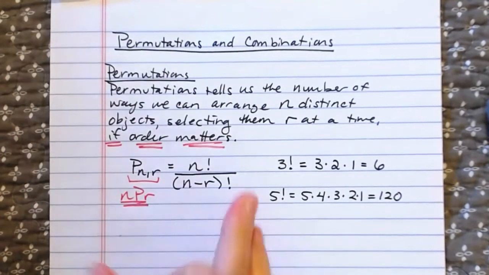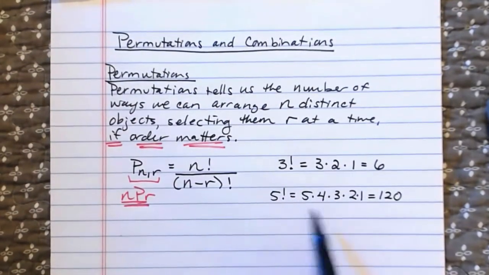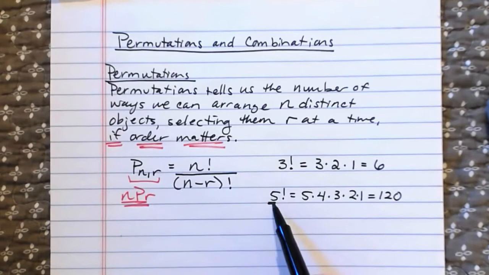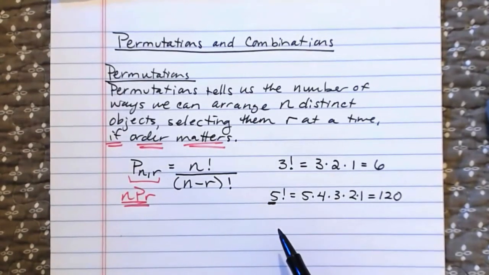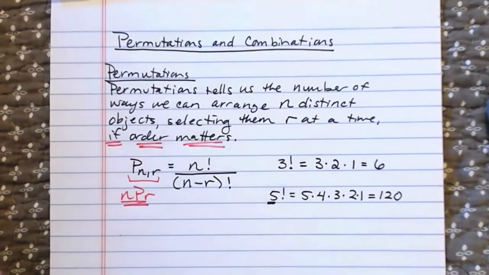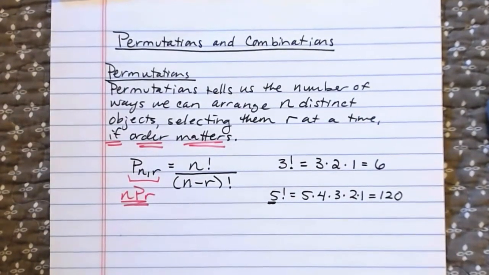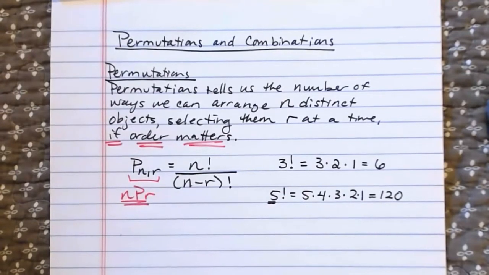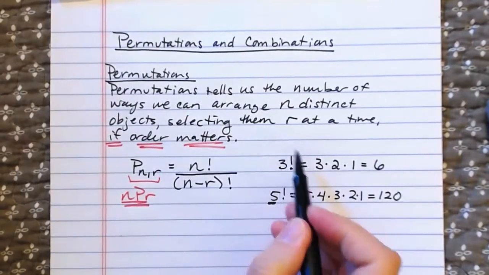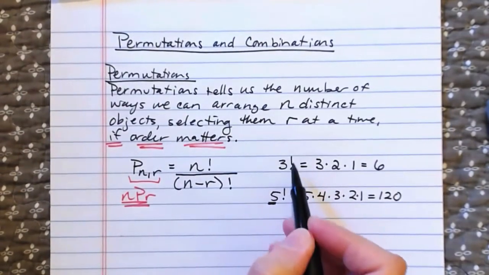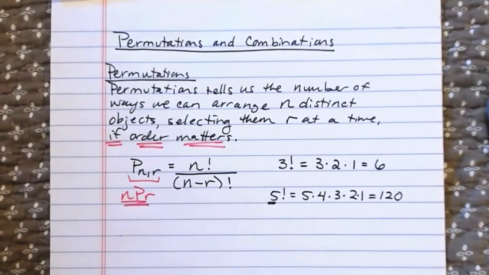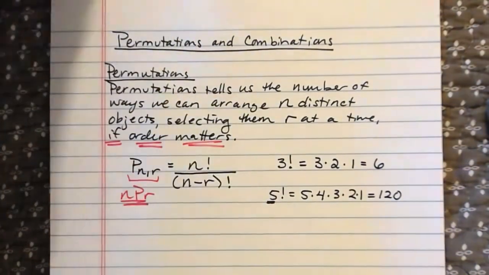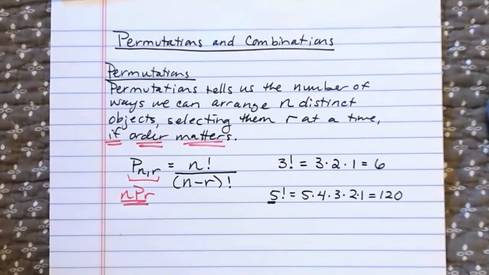So it's just a shorthand way of writing that multiplication of this digit times all of the positive integers lower than that digit, stopping with 1. Now your calculator does have a factorial function, not a button, but it's in a sub-menu. You can put in a factorial, and I'll show you how to do that. And then also in another video, I'll show you how to do this entire thing in a shortcut on the calculator.